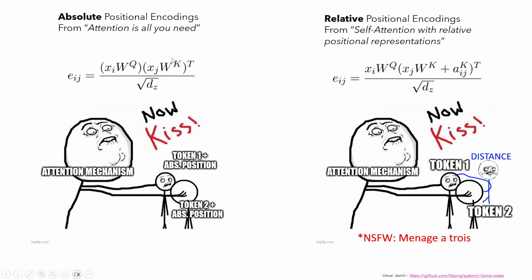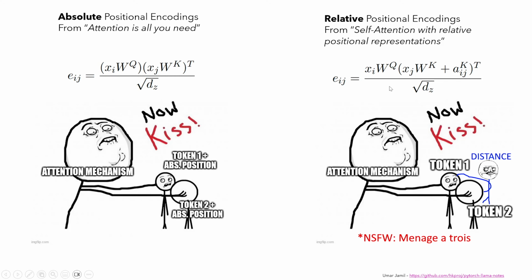And this is what we see here. When we calculate this dot product, the attention mechanism is calculating the dot product between two tokens that already have the absolute position encoded into them, because we already added the absolute position encoding to each token. So in the attention mechanism from the vanilla transformer, we have two tokens. While in relative positional encodings, we have three vectors.